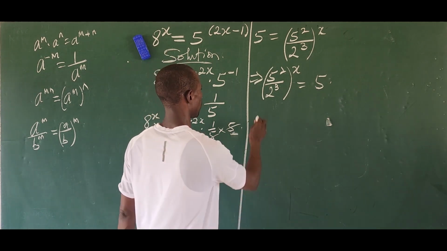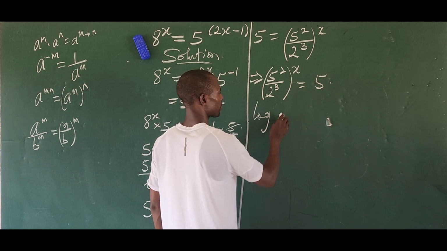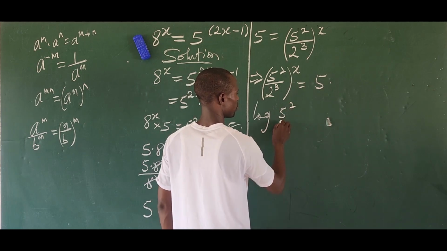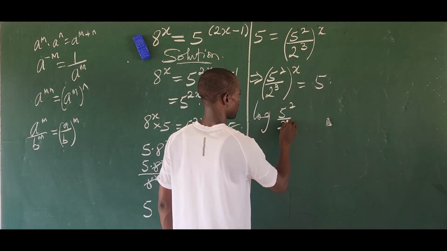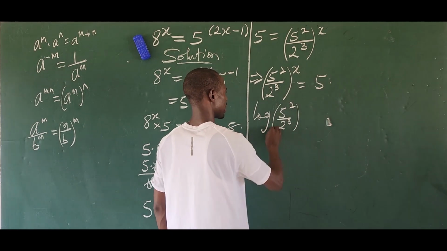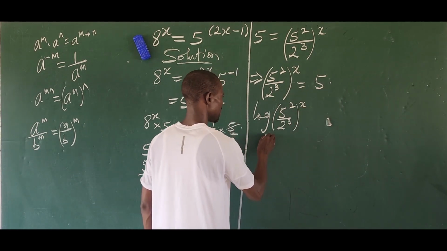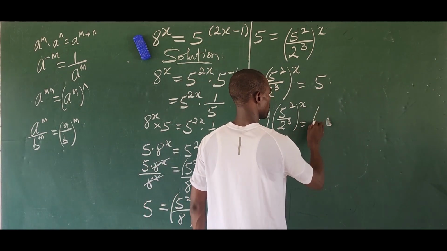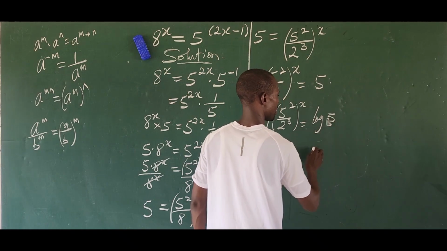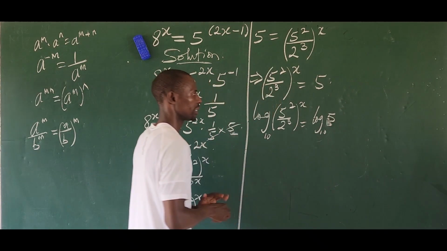Okay, let's take log. So we have here log of 5 to the power of 2 all over 2 to the power of 3, in bracket raised to the power of x, base 10. This is equal to log 5 here, base 10. Easy.